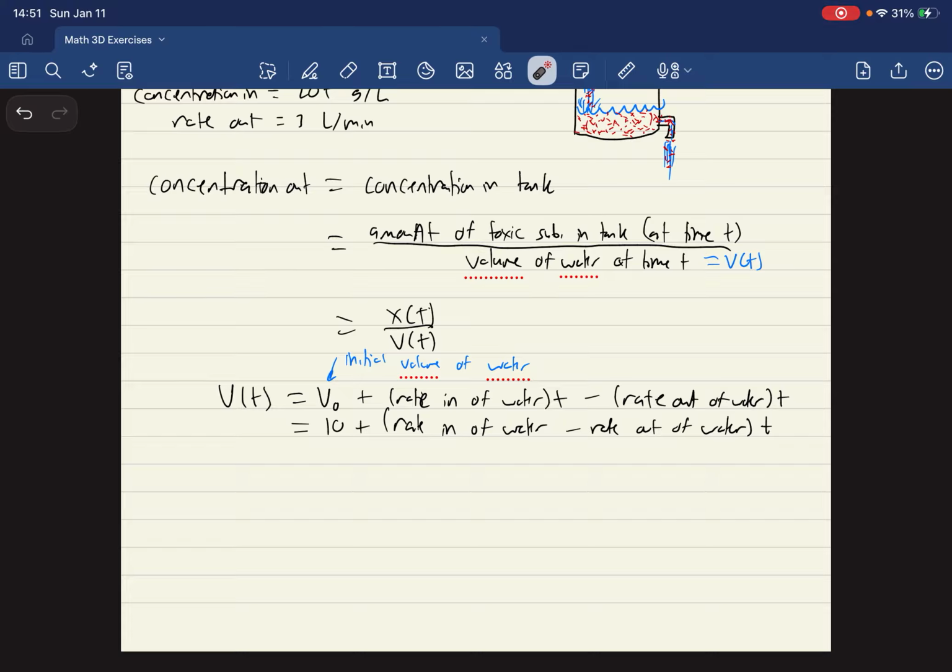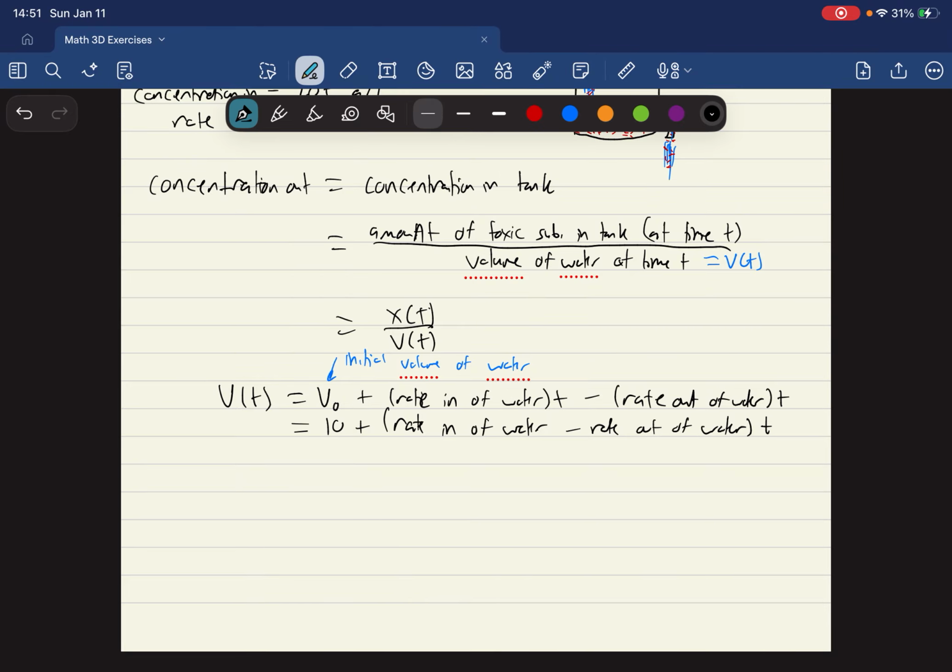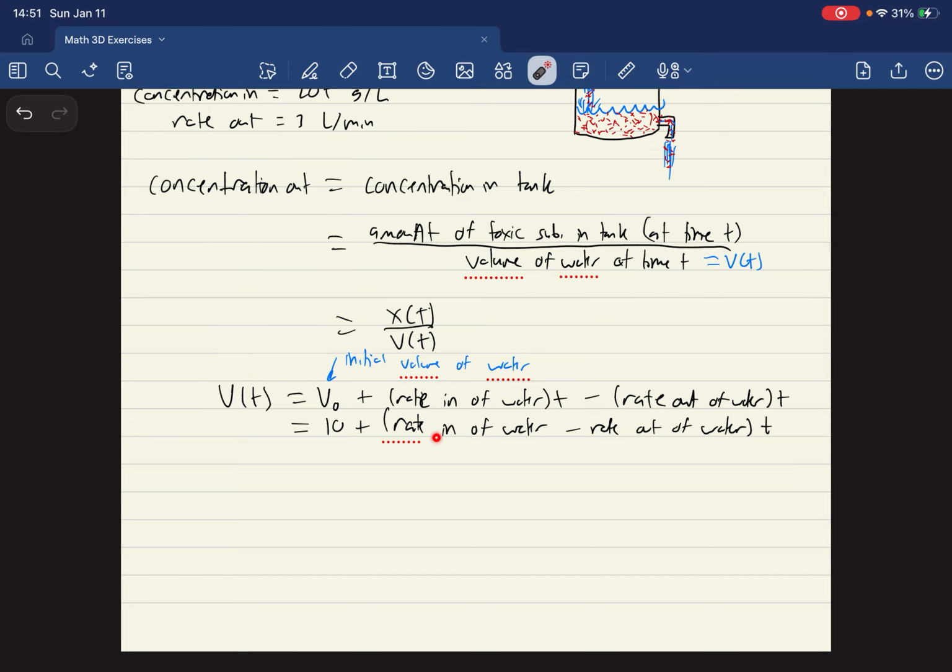Okay. So if the rate in of water, if the amount of water going into the tank is greater than the amount of water being pumped out, then this difference will be positive. And therefore, this entire expression is going to increase because we have this constant, and then this is a linear function with a positive slope at that point.